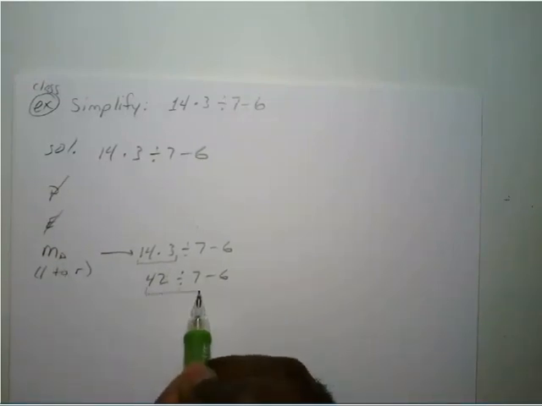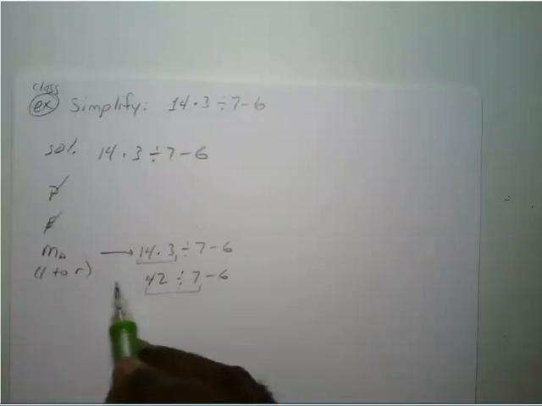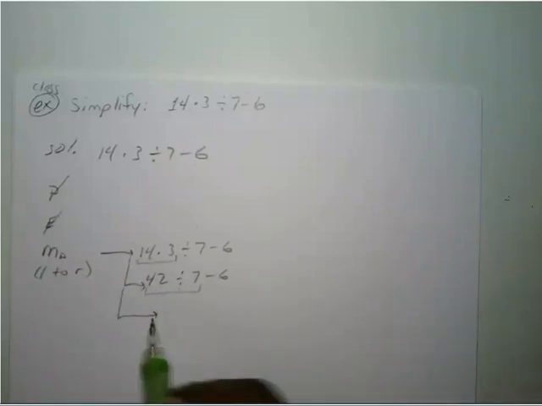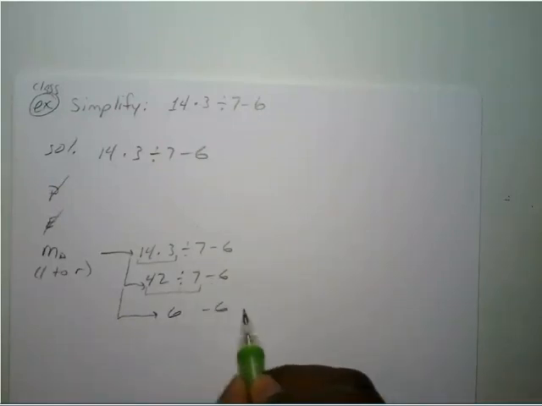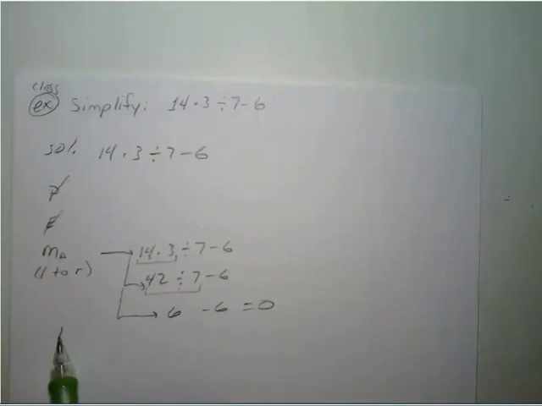So 42 divided by 7 is 6. So it goes from there to here. So you have 6 minus 6, which is 0. And actually, we can skip our adding and subtracting because that is our final answer.